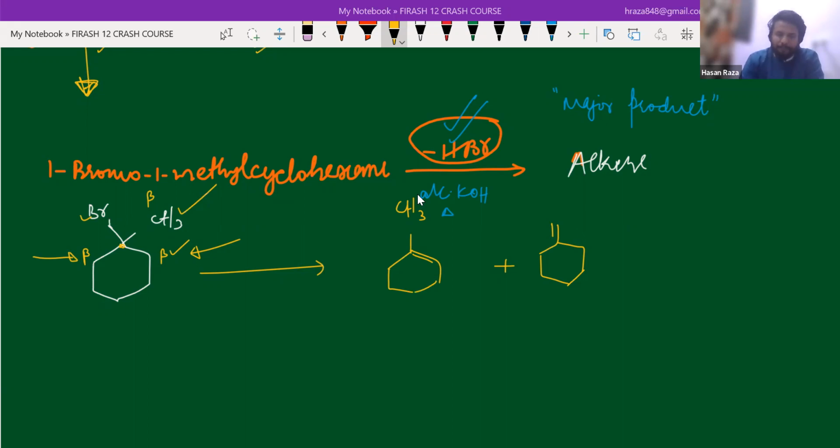Double bond is there, both here is also a double bond and here it is also a double bond. So this is more stable, A or B? Which one is the major product? A is the major product.